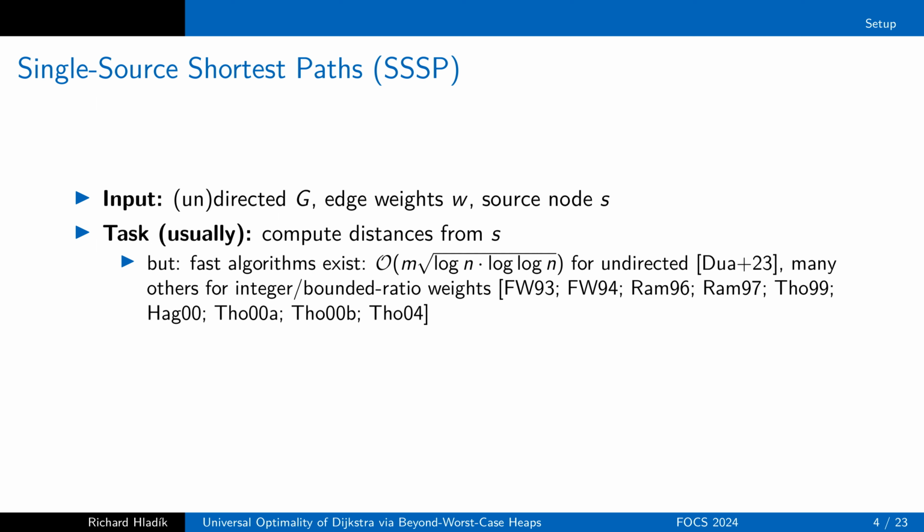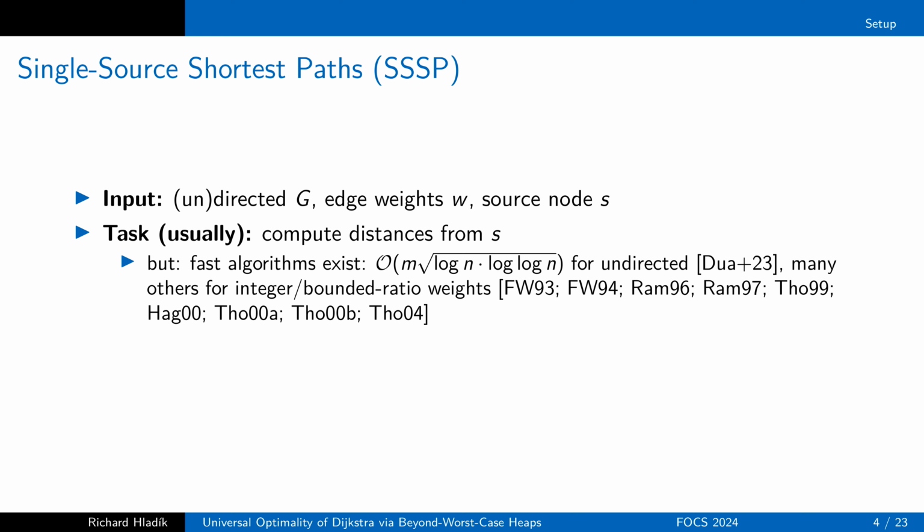And this already has a lot of fast algorithms, including a recent breakthrough sub-n-log-n algorithm for undirected graphs, and many other algorithms for graphs when the edge weights are restricted. And for all we know, there could even be a linear time algorithm.